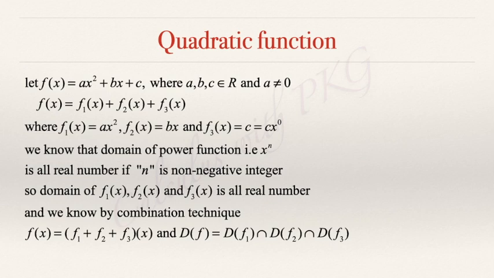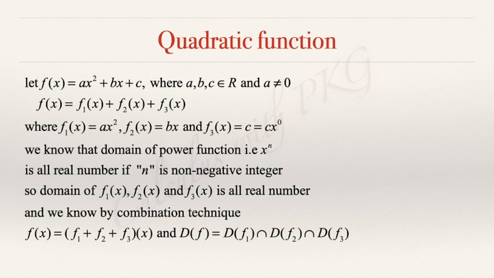So let us analyze the domain of the quadratic function. Consider f of x equal to ax square plus bx plus c is the quadratic function where a, b, c belong to real numbers and a not equal to 0.